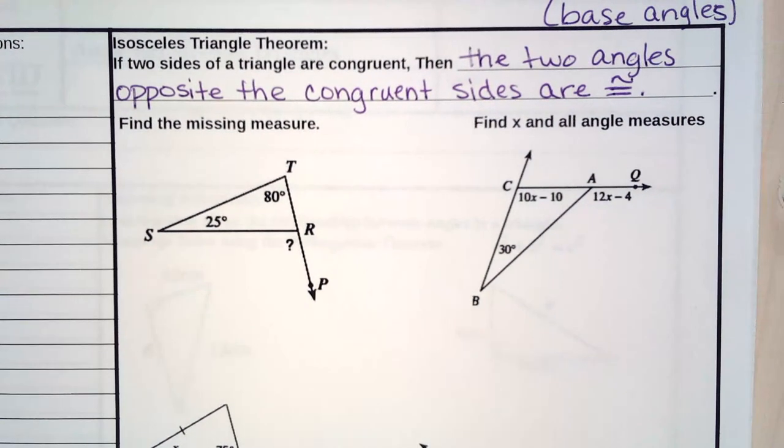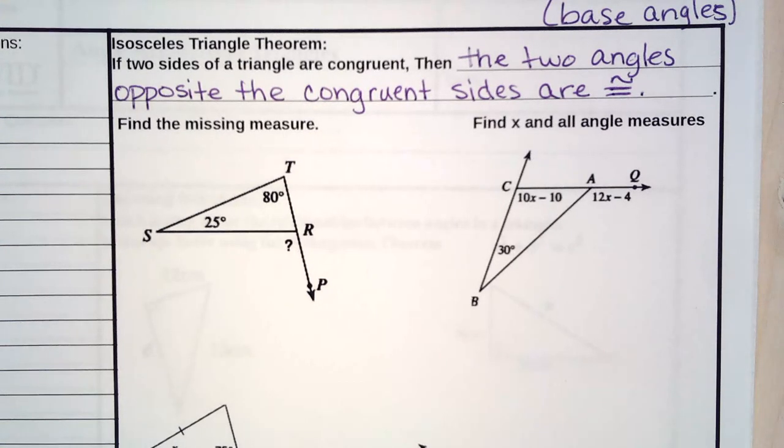So, we've got the exterior angle theorem, and we've got the isosceles triangle theorem. We'll be using those in proofs. We'll be using those as we try to solve problems. So those are two that you really need to try to remember.